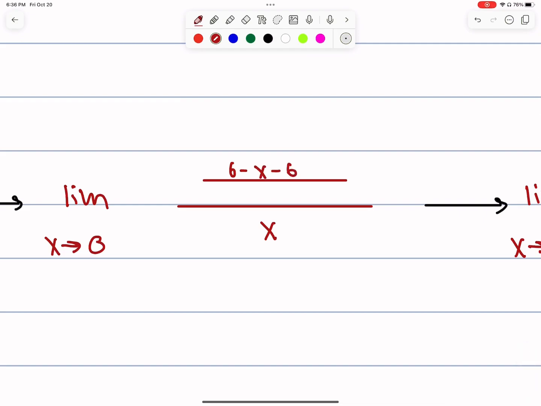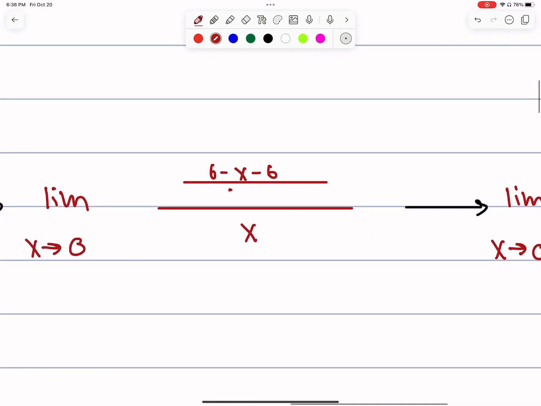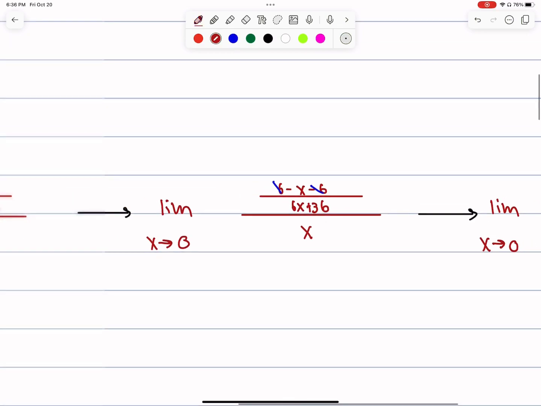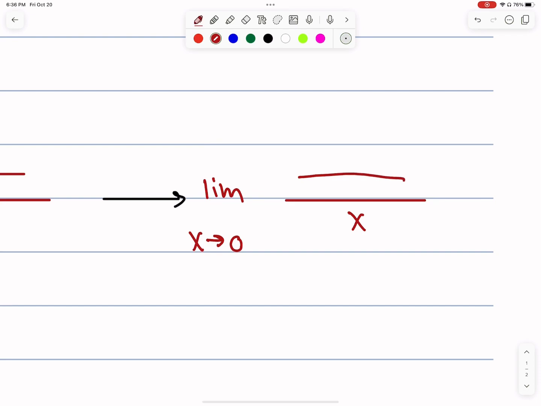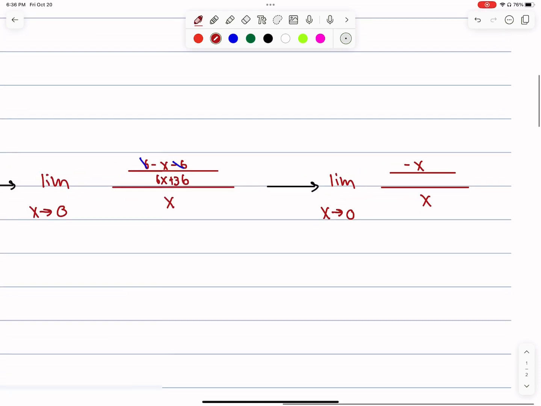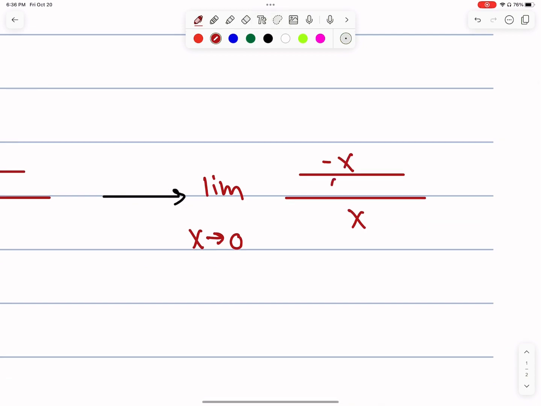After distribution, you're going to be left with 6 minus x minus 6 over 6x plus 36. Now, all the way in the top, you can see that you can cancel out the 6s, so go ahead and do that. Now you're going to be left with negative x over 6x plus 36.